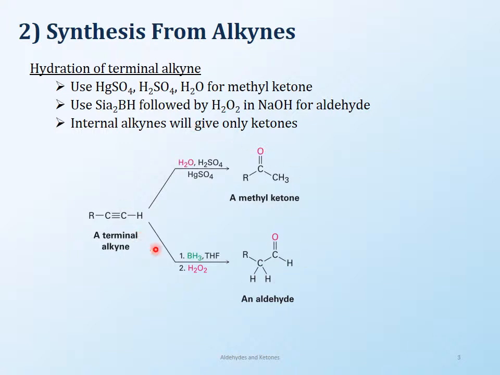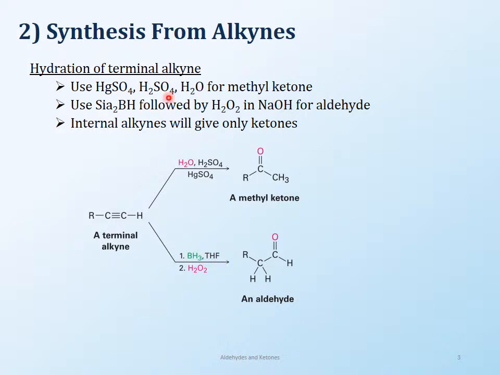This is kind of similar to that, okay? So which means that the mercury reagent is still giving you what we call the Markovnikov product, and the hydroboration is giving you the anti-Markovnikov product. So the functional group goes on the carbon with more hydrogen. Okay, that is anti-Markovnikov product.